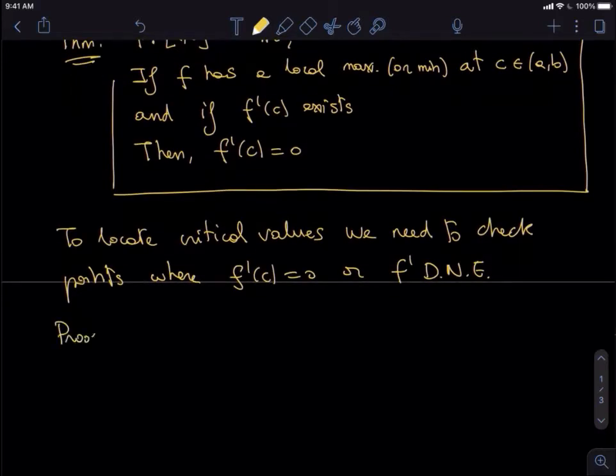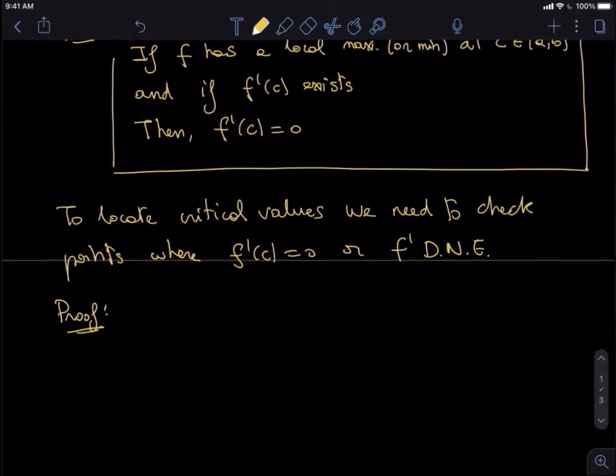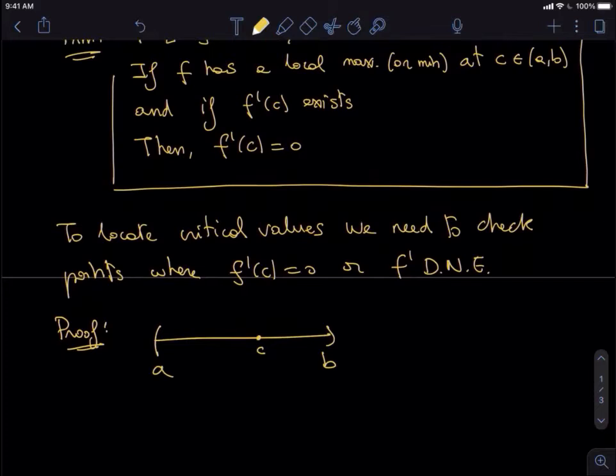Now the proof, let's discuss it. Here we have our [a,b], and we are going to take c, the c in the statement.